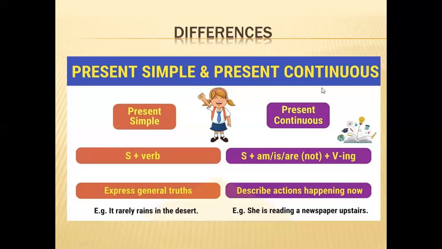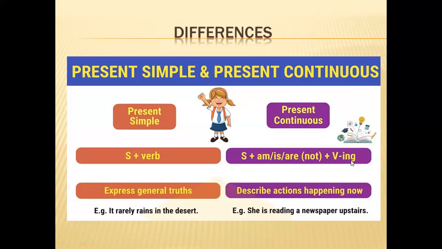On the other hand, we have present continuous. We form it with the subject, the person or the pronoun, plus the verb to be, that is am, is, or are. If it is negative, remember that we have to say am not, isn't, or aren't, plus the verb with ing.